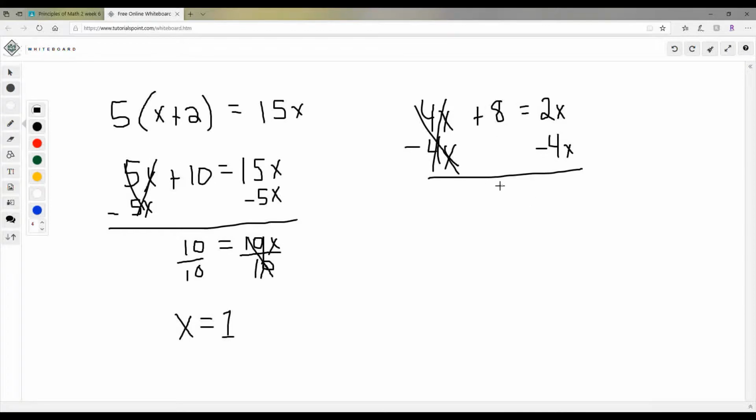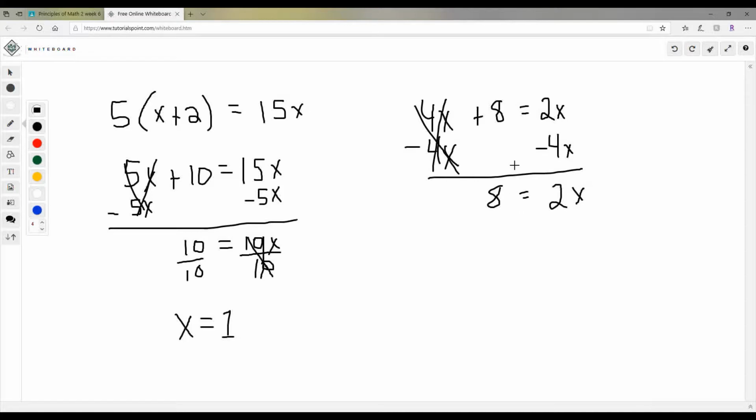We're left with positive 8 equals, now, what is 2 minus 4x? Okay, now we're left with 2x equals 8.